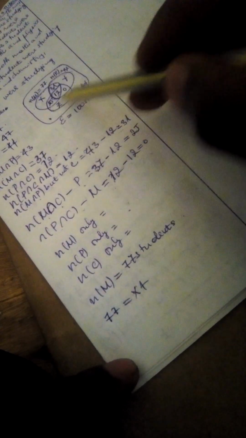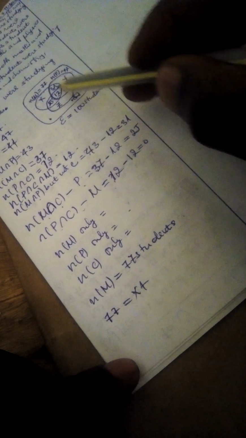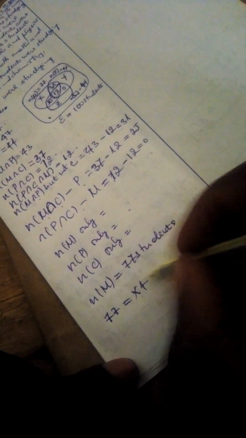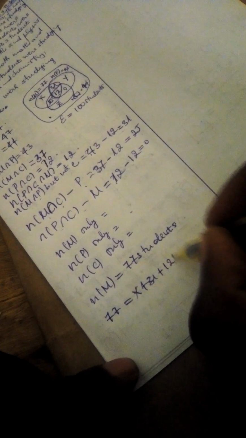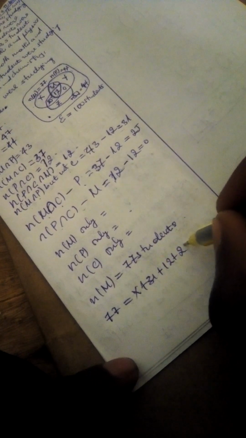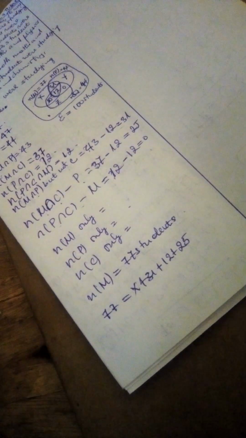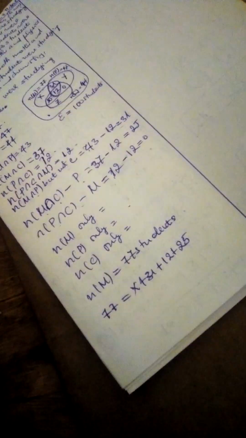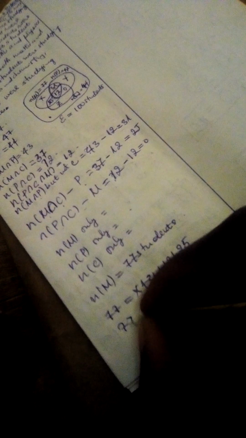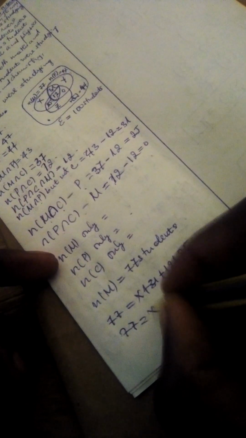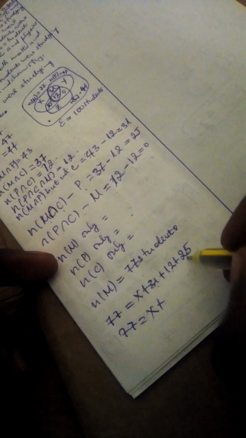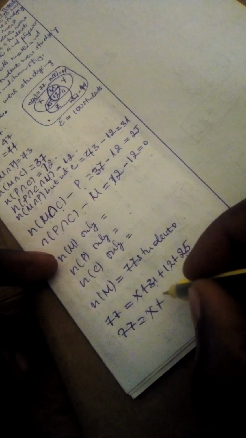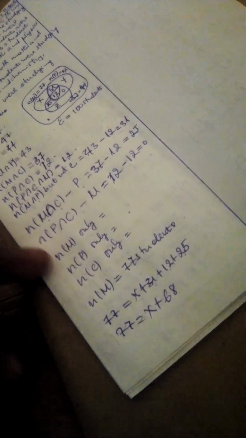plus the sum of the members given here in this circle, plus 31 plus 12 plus 25, right? So that is 77 equals x plus 31 plus 12 plus 25, which equals 68.